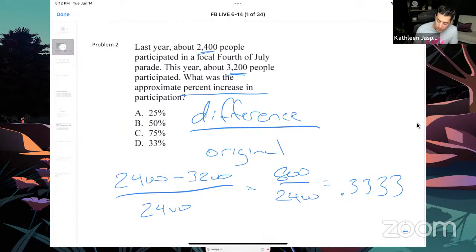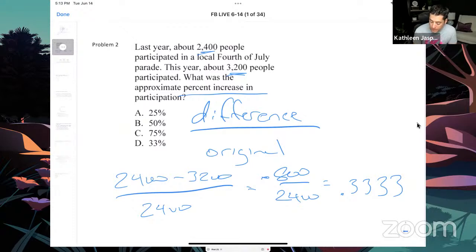Now, 2,400 minus 3,200 is negative 800. Does it make a difference? It does not. They already told you it was a percent increase. So in this, you take the new value and subtract it from the old value. But sometimes people get so hung up on which one do I put first?